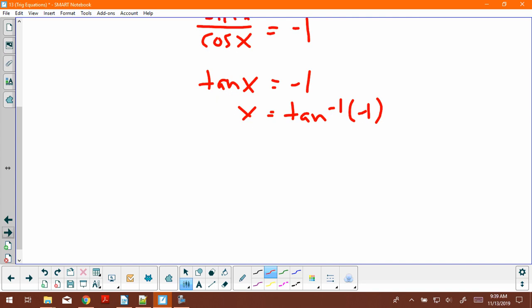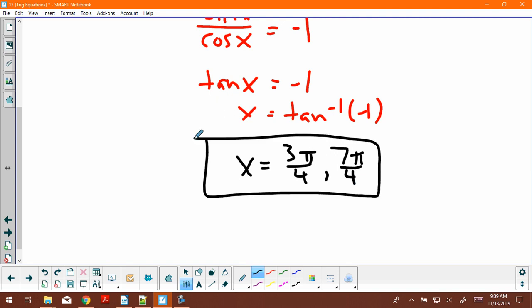So that means that x is equal to 3 pi over 4 and 7 pi over 4 from the unit circle. And we're done.